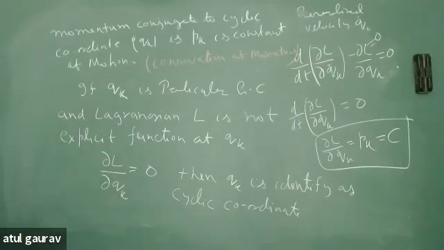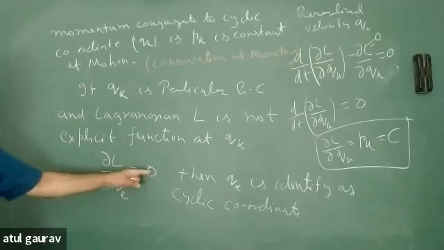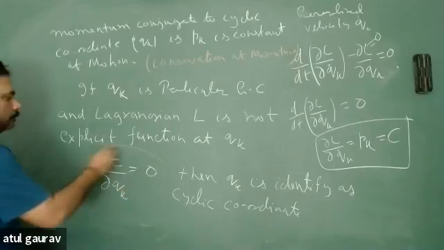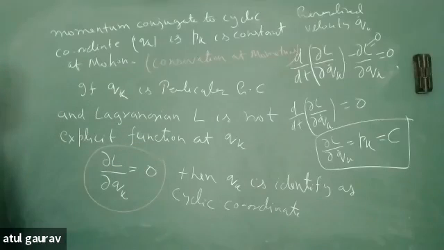One basic problem at least we can do. What is an explicit function? We defined it earlier. If del L upon del q_k is equal to 0, then it is explicit. You just have to check it. For example, suppose L is half m x dot square, only a free particle.